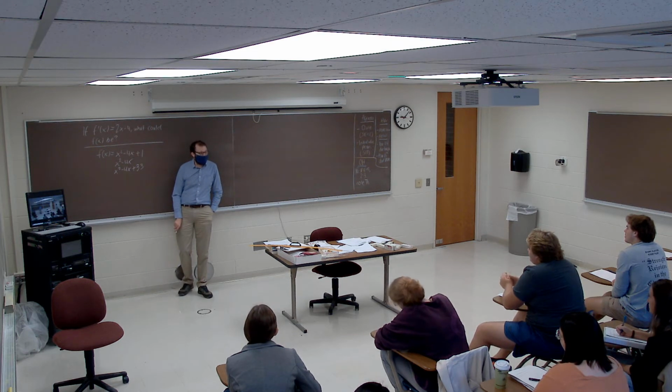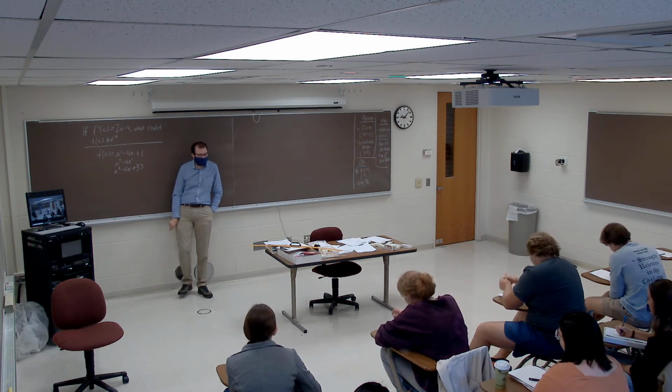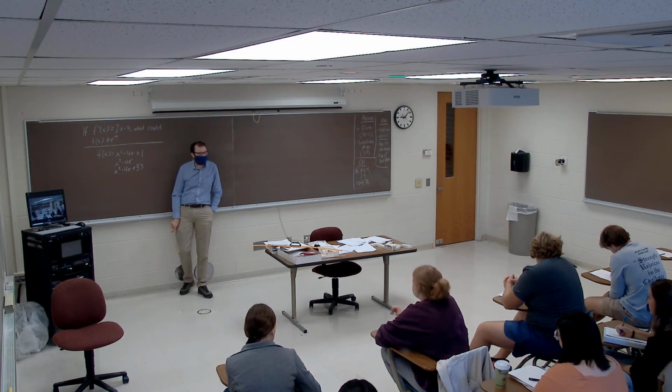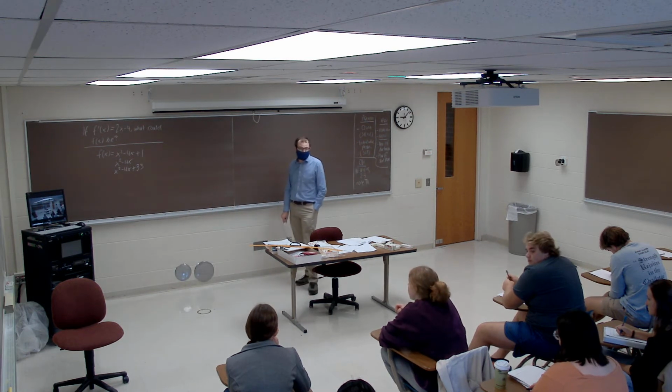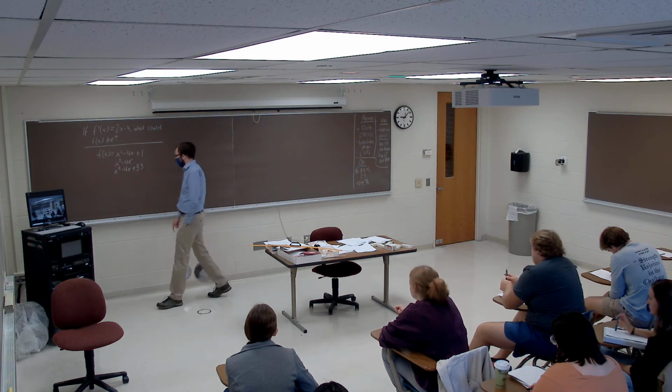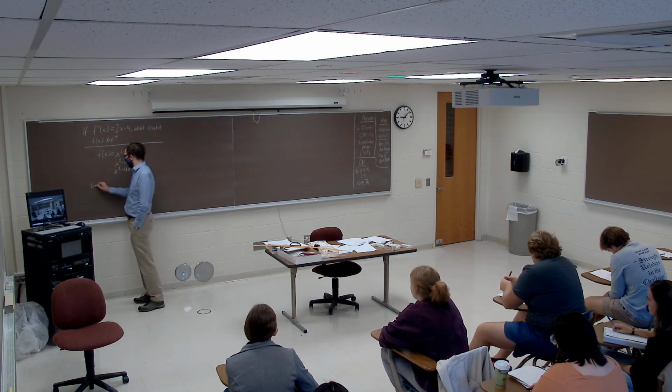Is there a general pattern to the sort of functions that f of x could look like? Riley, I see you nodding. The main function, x squared minus 4x, is always going to be there, and then just with different constants.